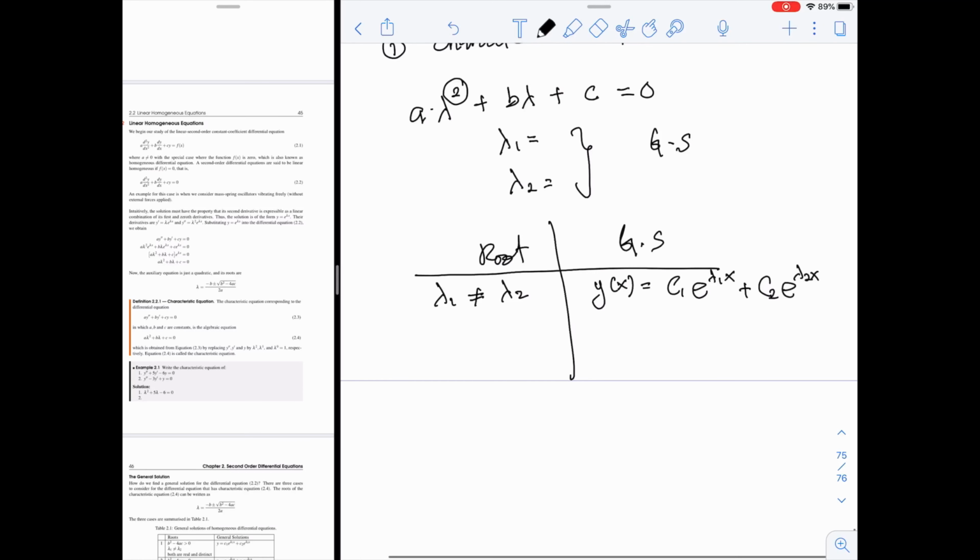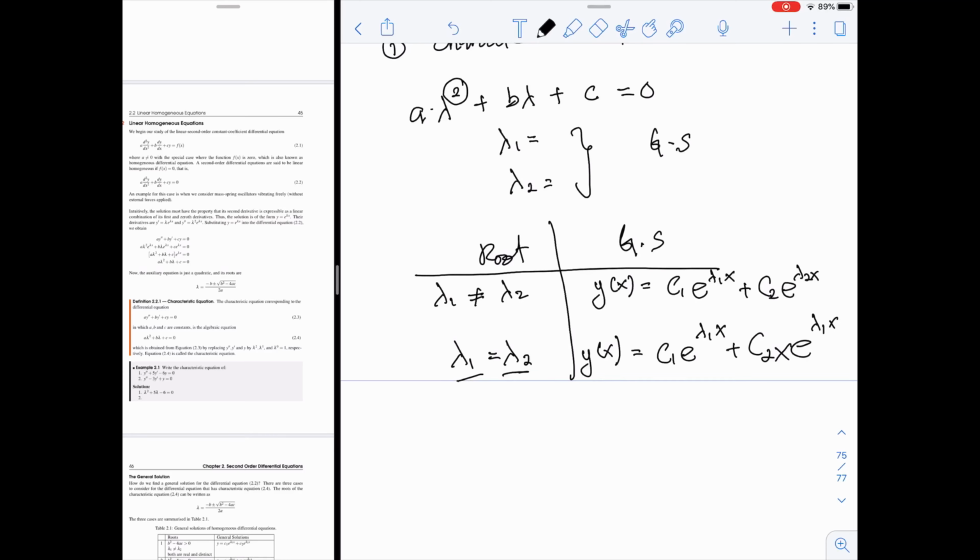You might have a repeated root, where lambda 1 is equal to lambda 2. For this one, your general solution is c1 e to the lambda x plus c2 x e to the lambda x. Here you can use either lambda 1 or lambda 2, it is the same. And the last one is the complex root.